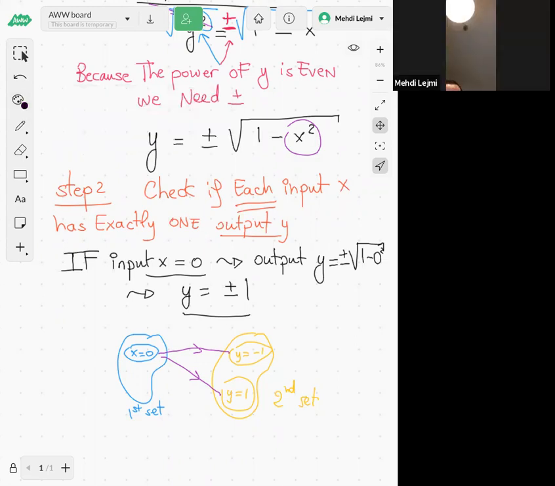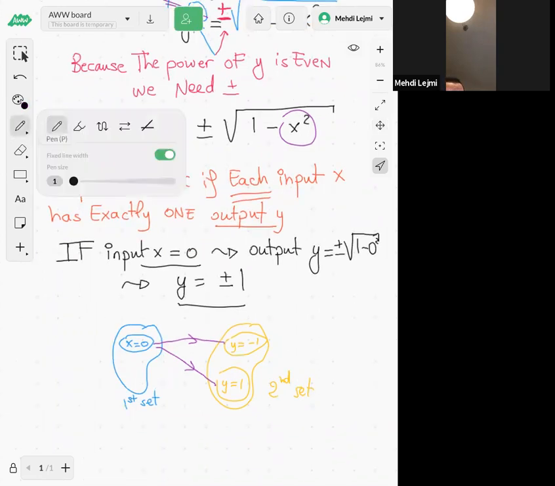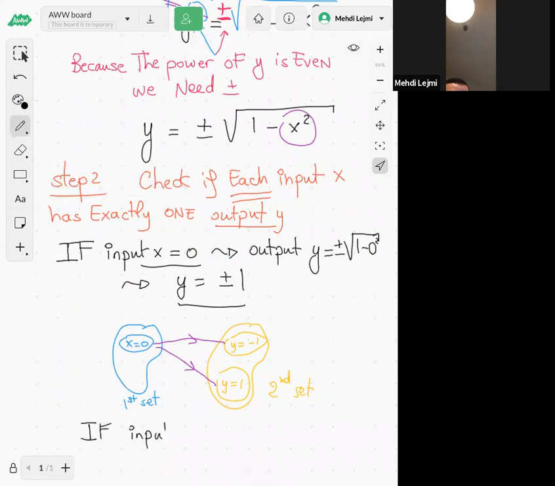So you see, there's a problem. Say my input X is positive 1. What will be my output Y? Well, output Y would be plus or minus the square root of 1 minus 1 squared, which is 1 minus 1.